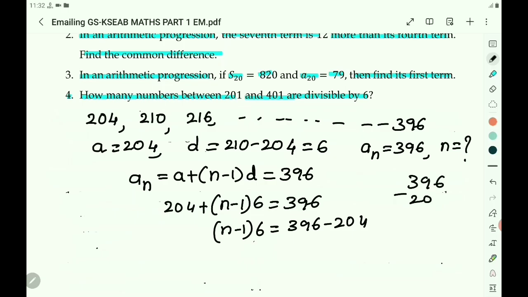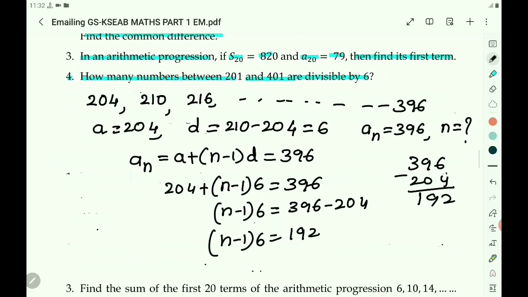396 minus 204. 6 minus 4, 2. 9 minus 0, 9. And 3 minus 2, 1. 192. n minus 1 into 6 equals 192. Then n minus 1 equals 192 by 6. Divide 192 by 6. 6 3s are 18. 1 is remaining. 12. 6 2s are 12.